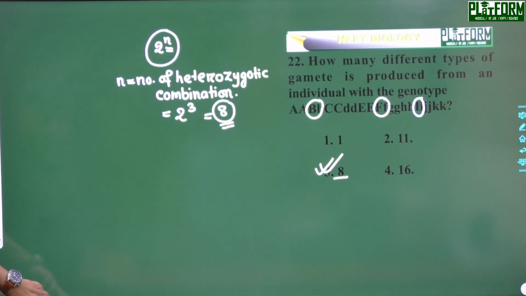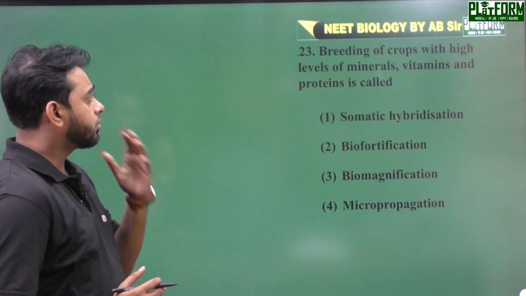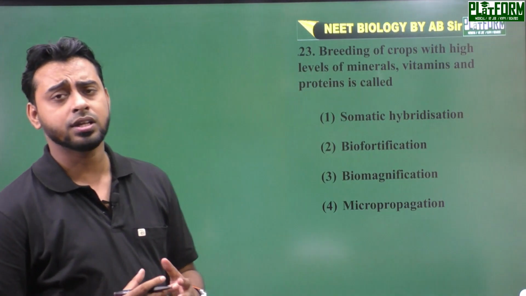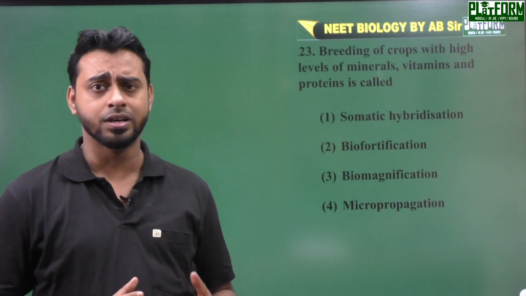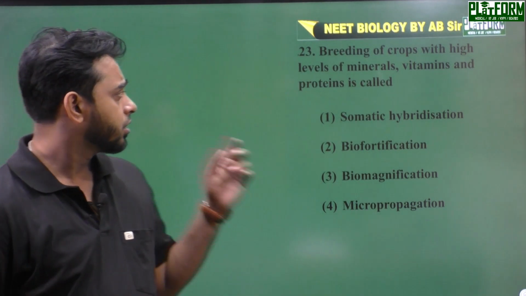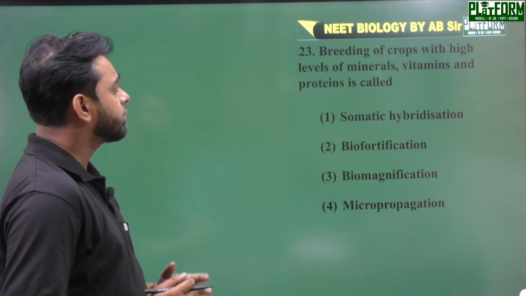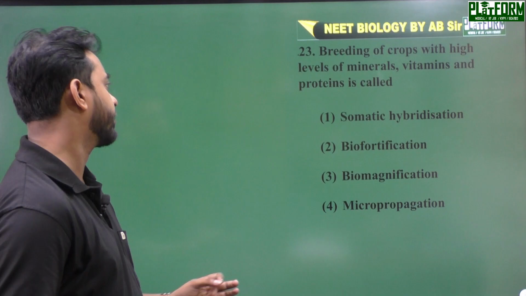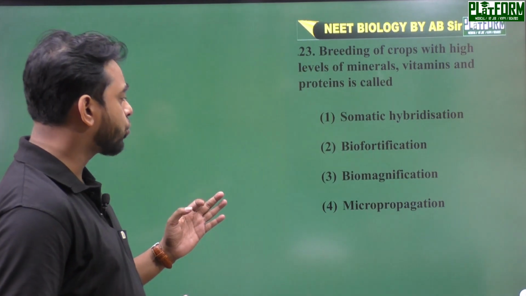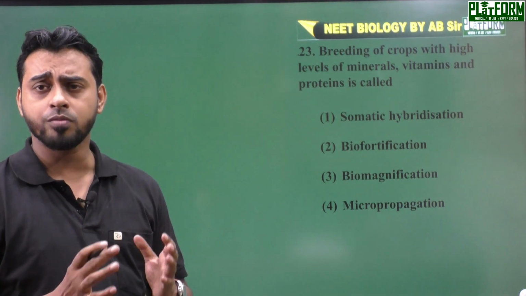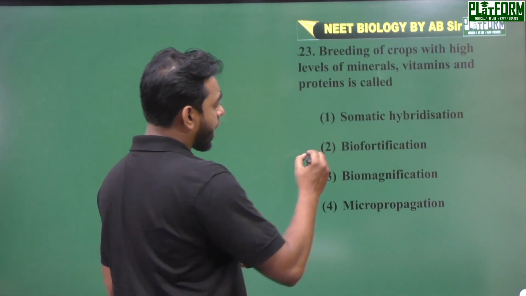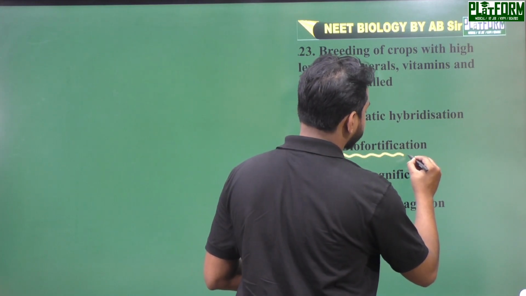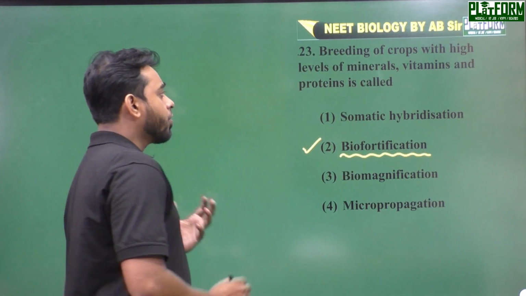Now, move to our next question. This is from the chapter strategies for the enhancement in food production. Here it is written that the breeding of crops with high levels of minerals, vitamins and proteins. This is an information based question, and the correct answer will be biofortification.